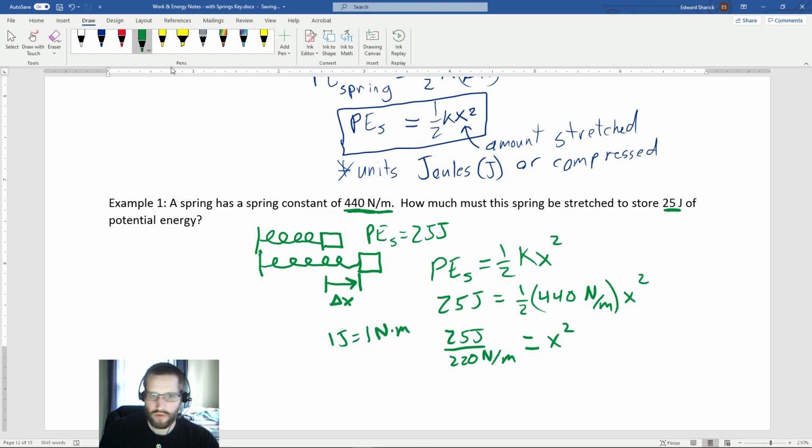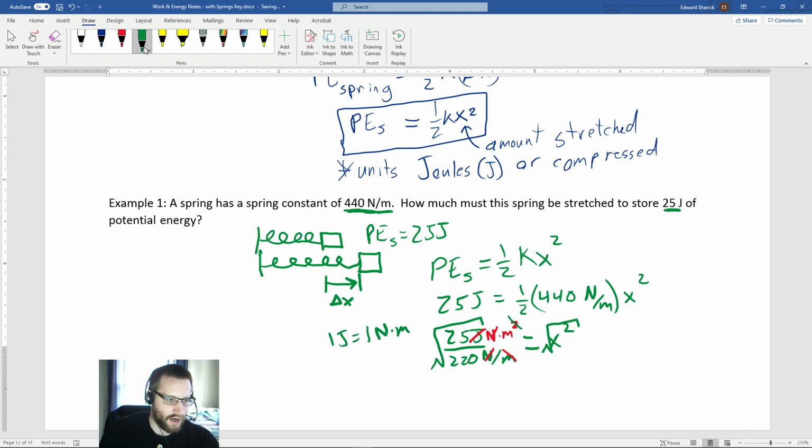So the newtons cancel out, and then I have a meter divided by a meter, which becomes meters squared. When I take the square root of both sides, that gets rid of the squared component, and I'm left with units of meters.